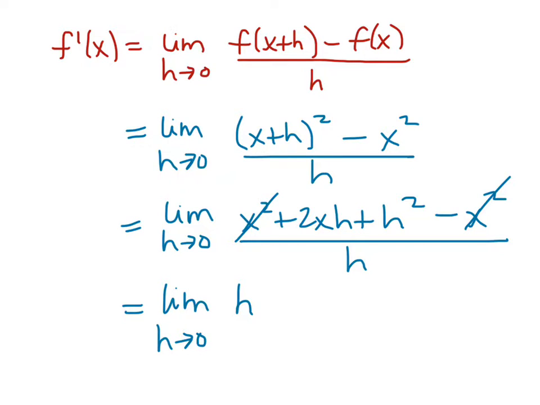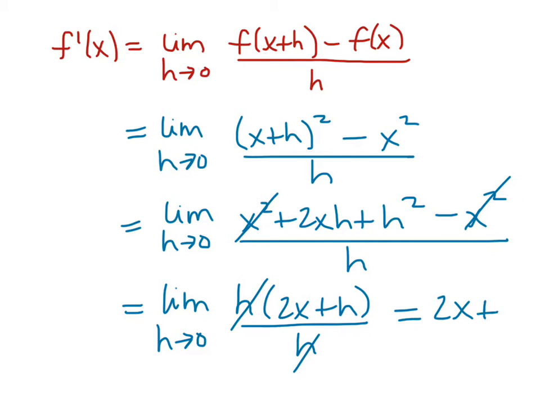You can factor out the h, being left with 2x plus h all over h. The factors of h divide out, they cancel out, and then you can evaluate this limit by plugging in h as 0. So we would be left with 2x plus, substituting h as 0, this limit definition of the derivative becomes 2x. So we know the derivative, f prime of x, is 2x.